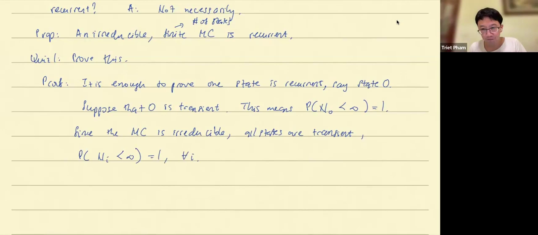So if you look at all the states together, the number of revisits for each of the states will be finite.